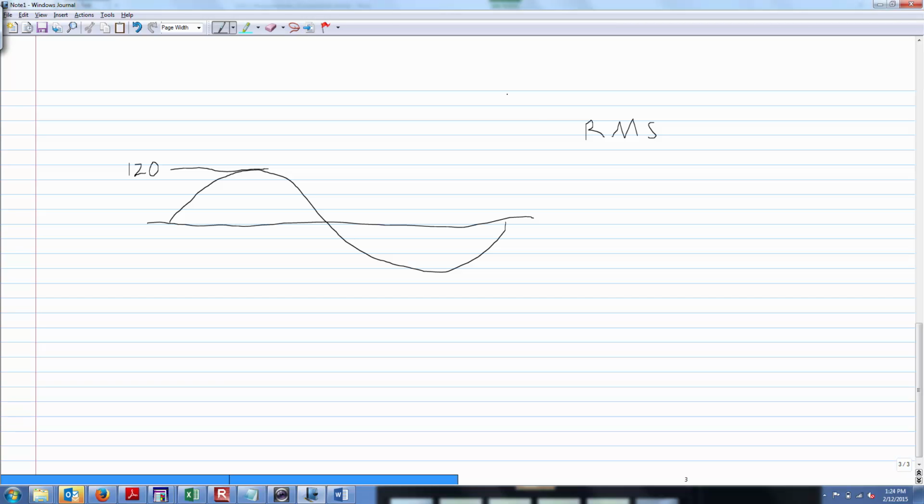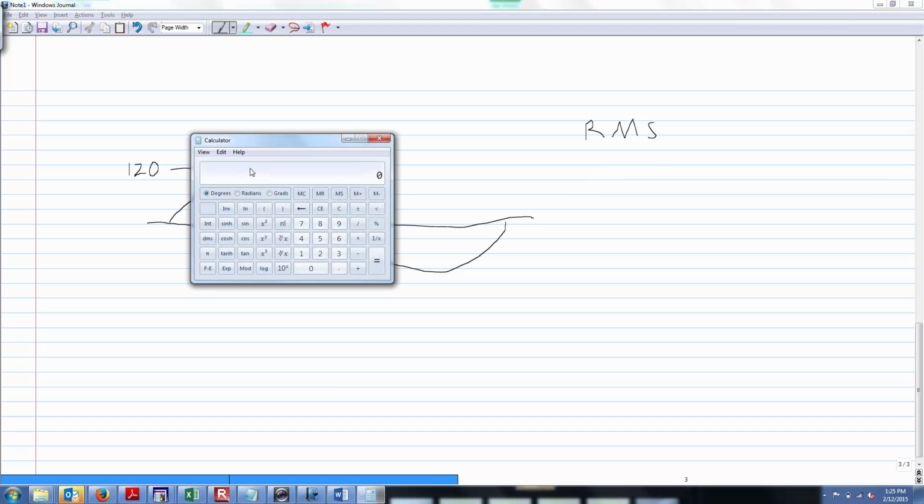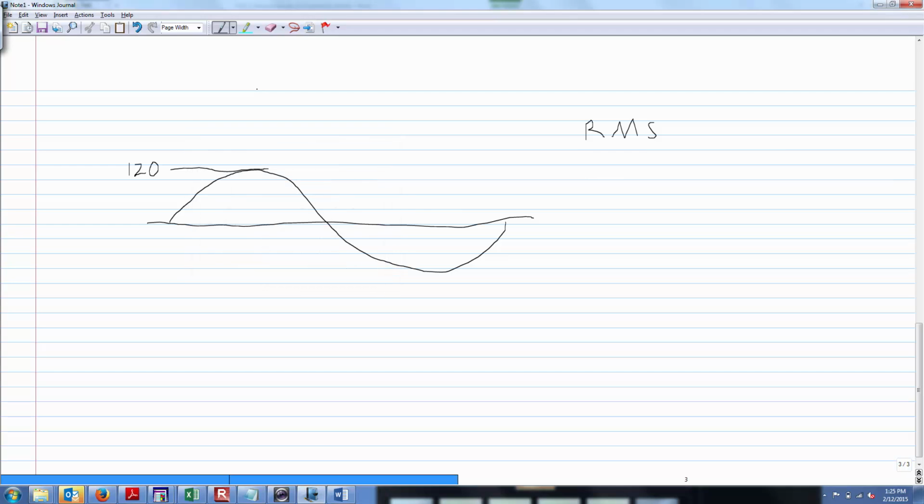So if I take this value of 120 and square it, 120 times 120 equals 14,400. That's going to be the max value way up here, right?